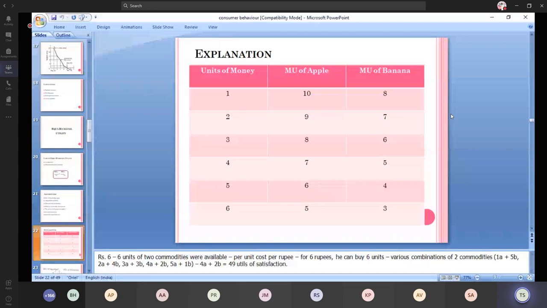So each unit of a commodity costs 1 rupee. If a consumer spends 1 unit of money, he can buy 1 unit of either commodity A or commodity B. If he spends 2 units of money, he can buy 2 units of apple, otherwise 2 units of banana, otherwise 1 apple and 1 banana.